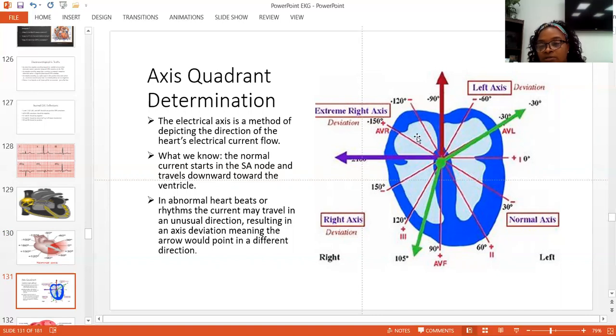So look over here, see where our arrows would be coming down, pointing to this quadrant with our normal axis. So again, if it's abnormal, you're going to see that current traveling away in other directions, okay? Again, resulting in an axis, meaning the arrow is pointing in different directions.